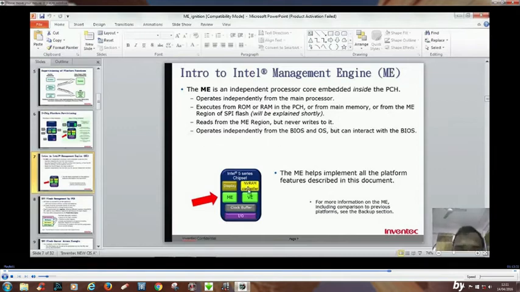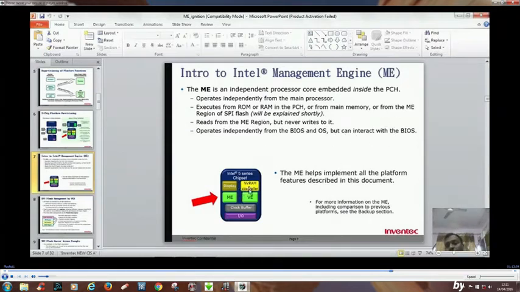That is, this management engine is a kind of processor core present inside the chipset. It will read from the AMI region. The AMI region is present inside the BIOS chip. We'll find where the AMI region is. It operates independently from the BIOS and OS but can interact with the BIOS.